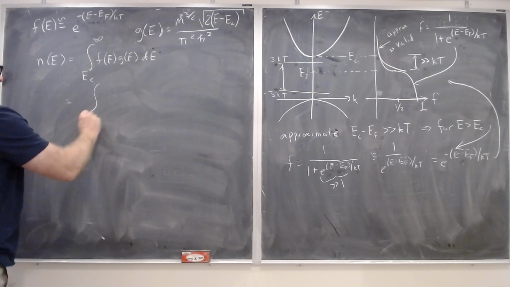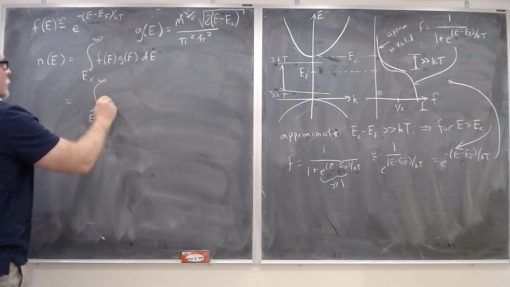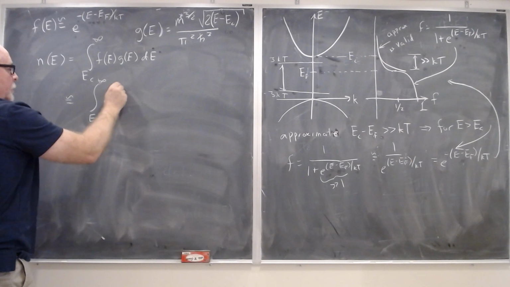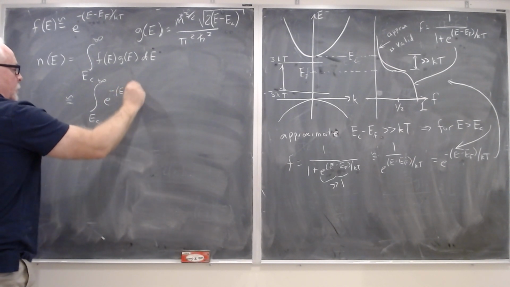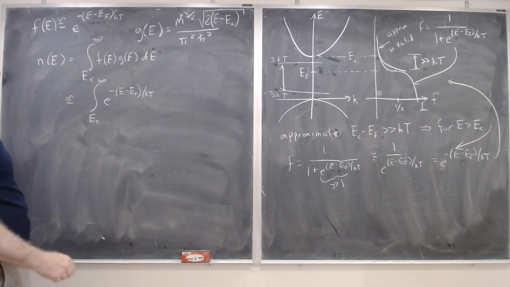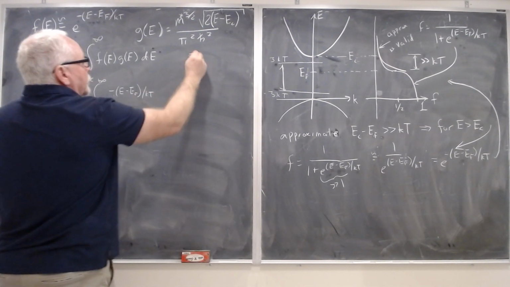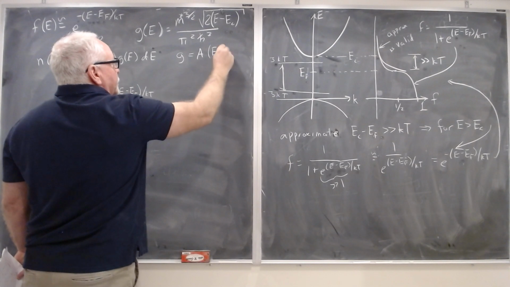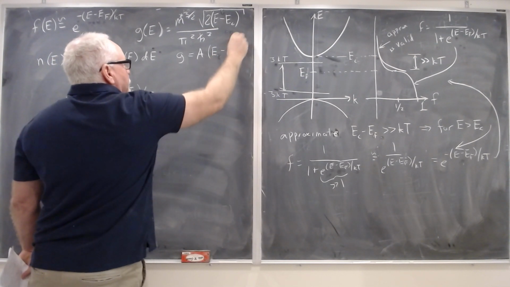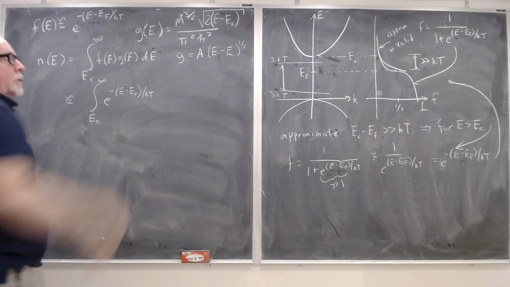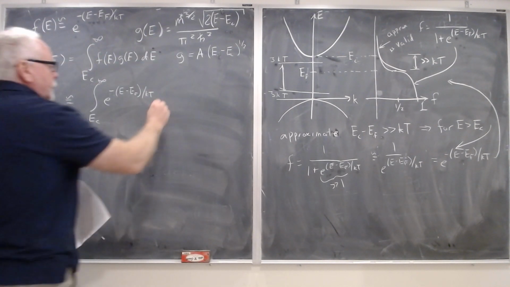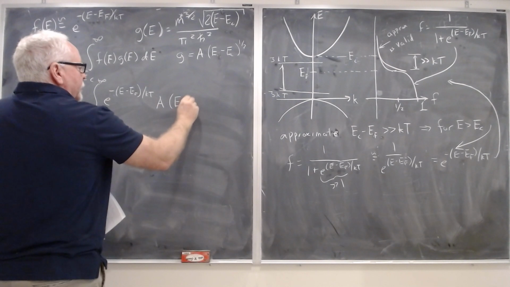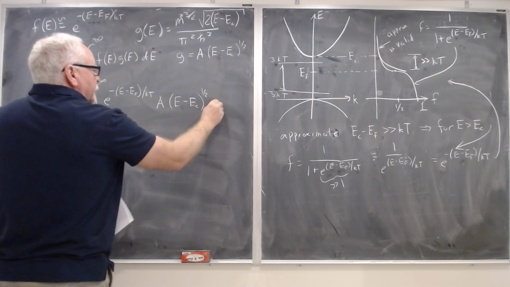So plugging in, and we have to put our approximate sign here because we're using an approximate value for F. For G, I'm just going to write A times (E minus EC) to the 1/2, so I don't have to rewrite all those m stars and h bar and everything. So A times (E minus EC) to the 1/2 dE.